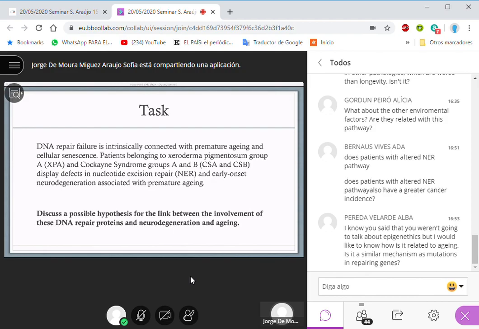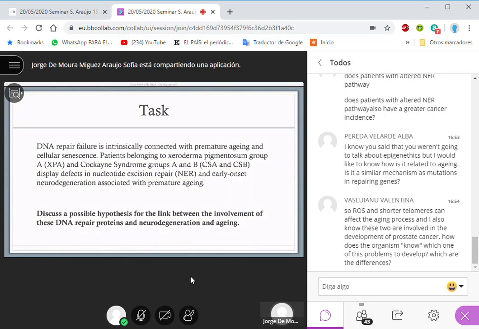So it cannot be a mechanism similar to mutations in repairing genes. It's actually a lot more complicated. You can have differences in methylating parts of the genome that will affect aging. In fact, with Drosophila, there are studies where differences in methylating some histones give longer or shorter lifespans. But it's a lot more complicated than just mutating this and getting neurodegeneration or that.